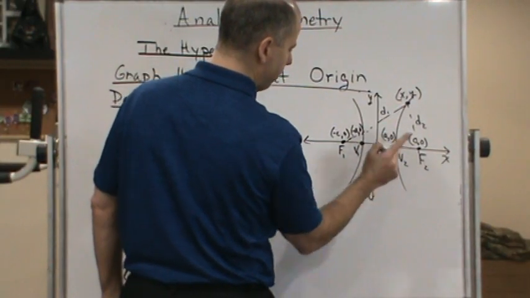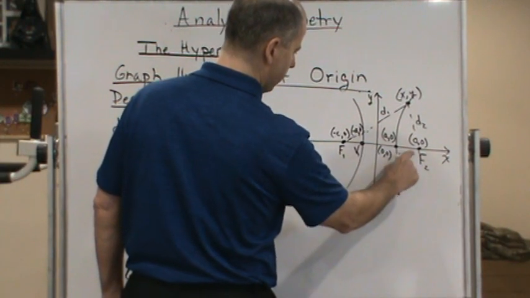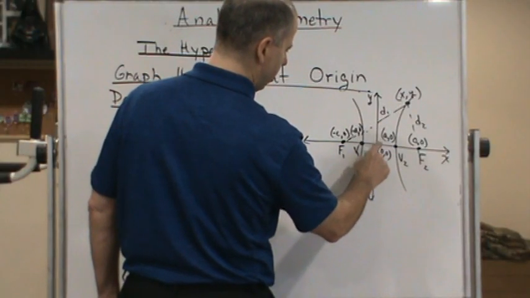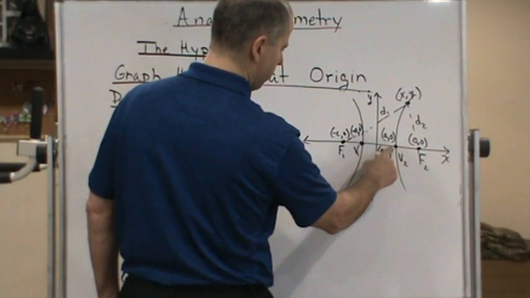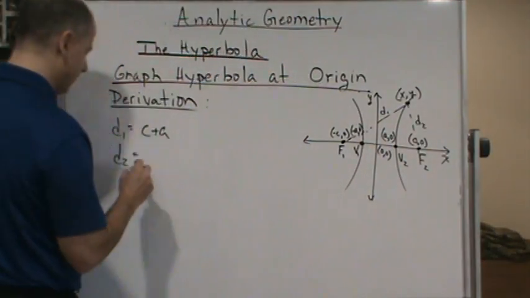But we can find it by subtracting: from the origin to the focus is C, and then we can subtract off the smaller distance, from the origin to the vertex, which is A. So if we take C minus A, that'll give us D2.